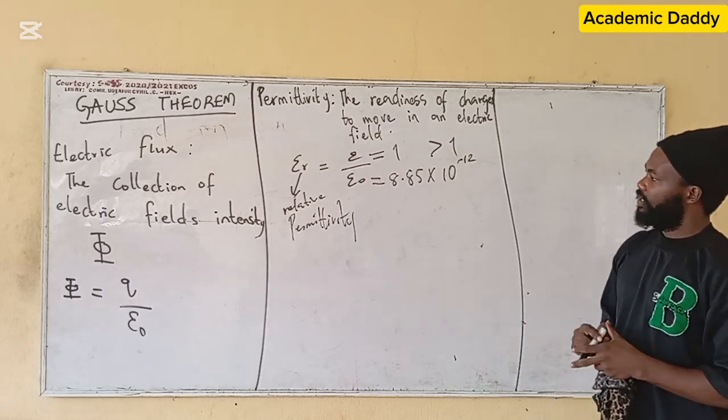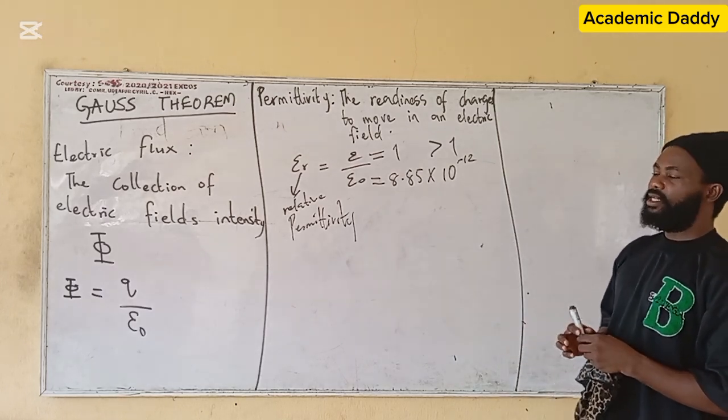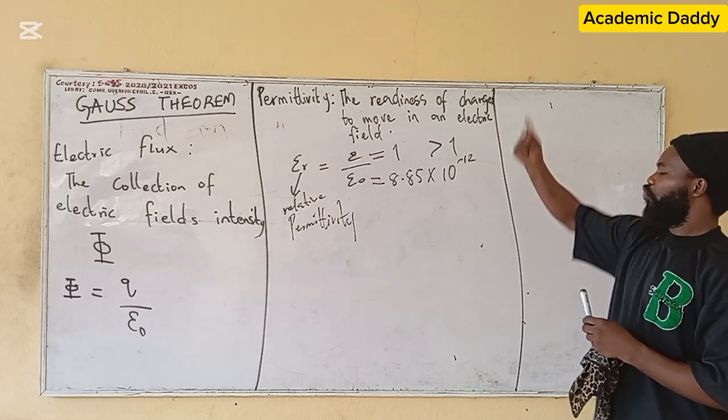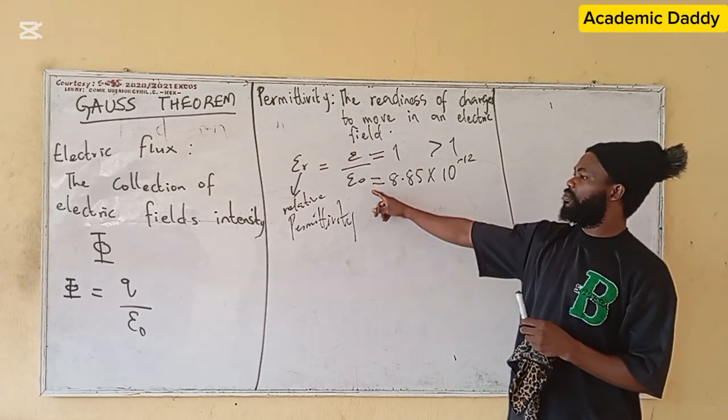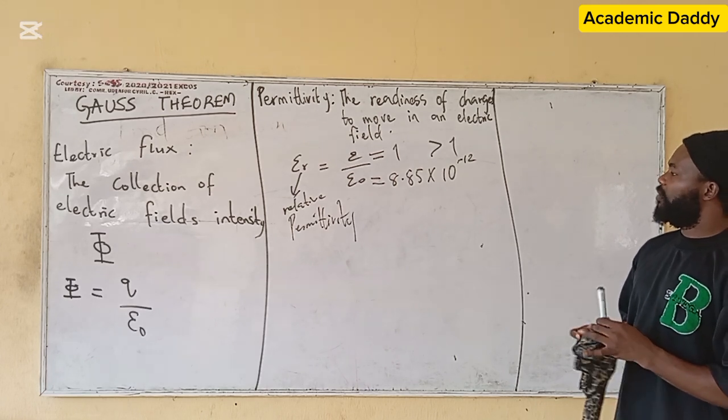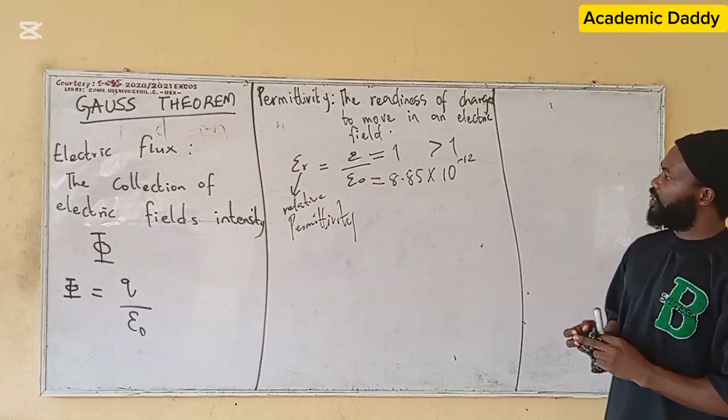So how we get the units is, when we get to electric field intensity, we'll make this subject of the formula. Then we get something there. So we are going back to that part. If I know this, let's continue.